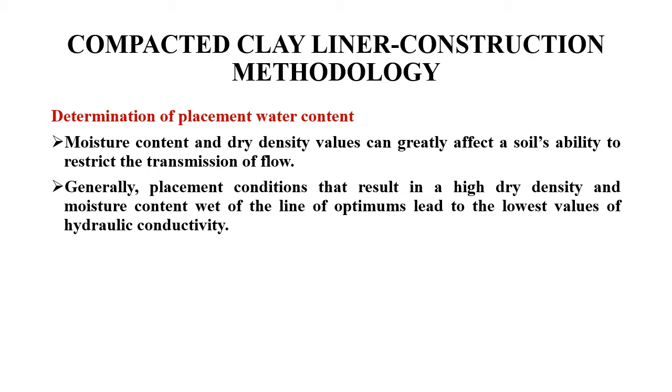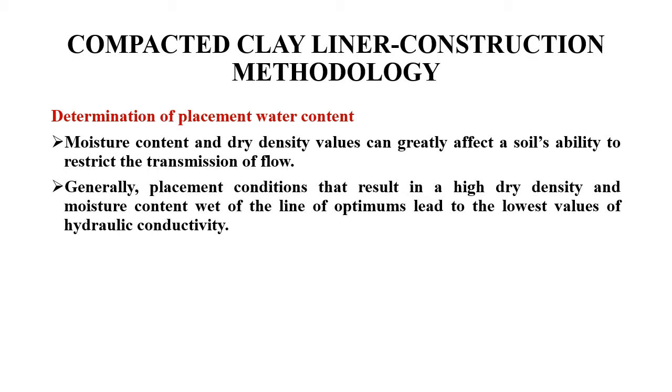Especially this is a clay soil, so we have to be very sure of what water content to be chosen for proper compaction and for achievement of the required shear strength of the soil. So for a clay liner, we will test the soil at the laboratory and find out the moisture content and dry density values.